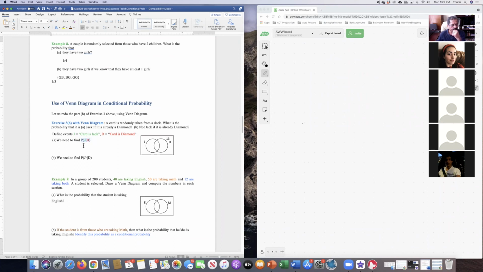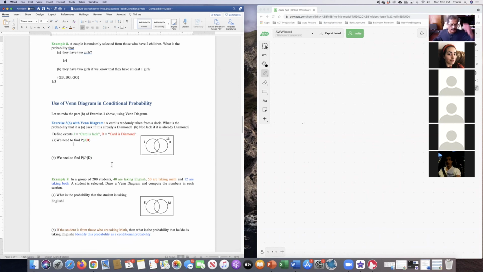And the second question is the probability that it is not Jack, same as J complement. So complement of J given D, that's the second question. We can do this directly without having to use the Venn diagram, but I wanted to show you how you can put these numbers in the Venn diagram.